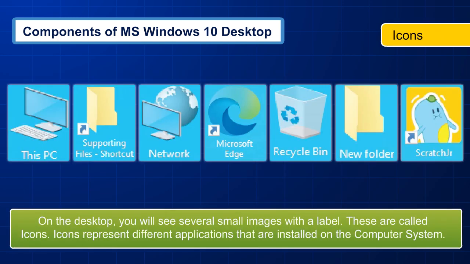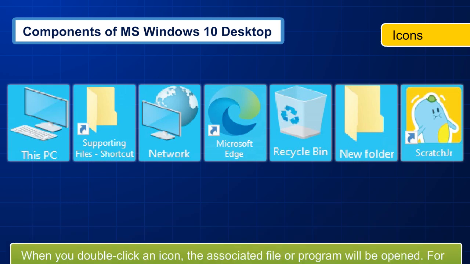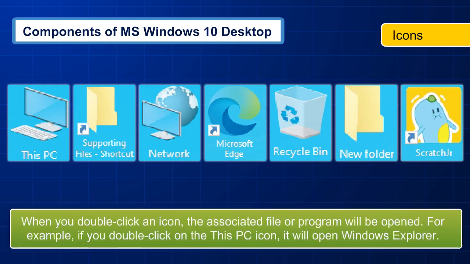Icons. On the desktop, you will see several small images with a label. These are called icons. Icons represent different applications that are installed on the computer system. When you double-click an icon, the associated file or program will be opened.